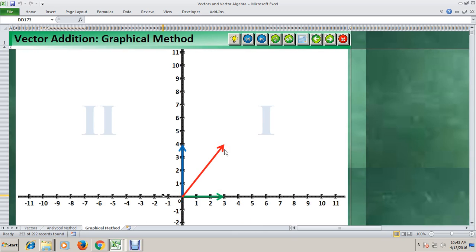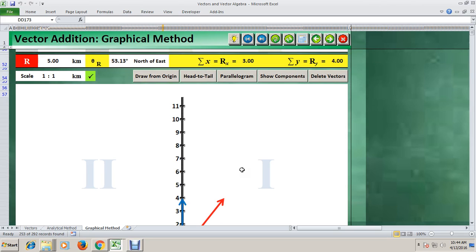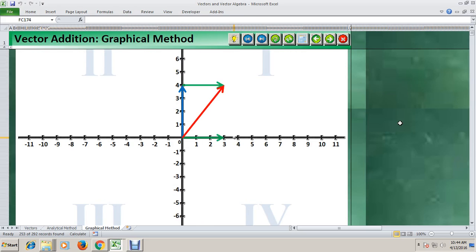Now, the red vector is actually the combined effect of the blue vector and the green vector, or the first or the second vector. How did we come up with this red vector? If we're going to make use of the head-to-tail method, you need to draw the first vector.